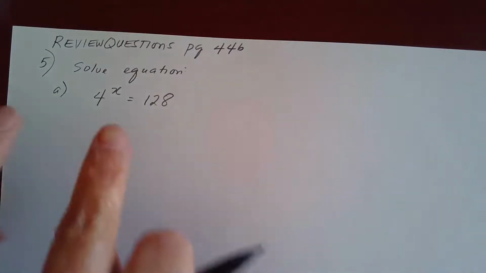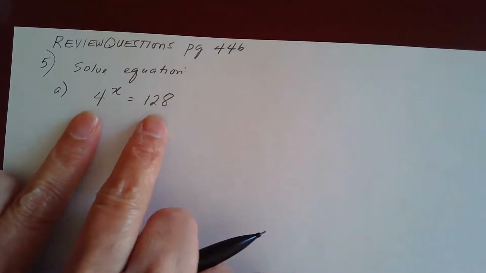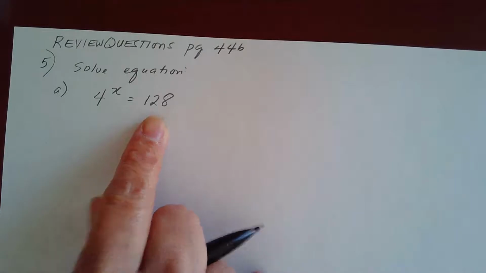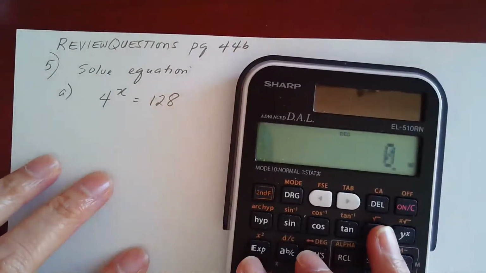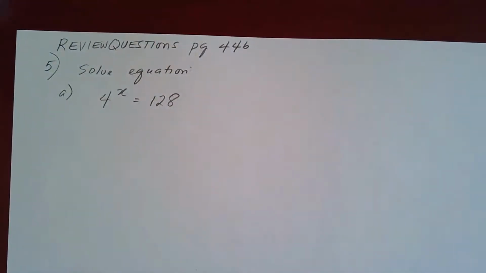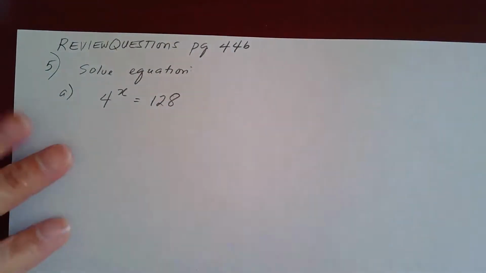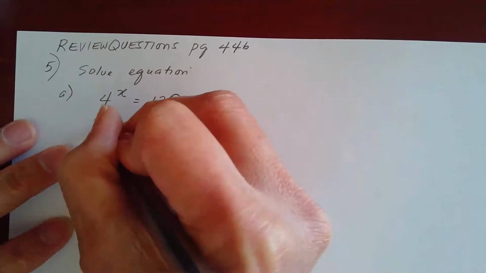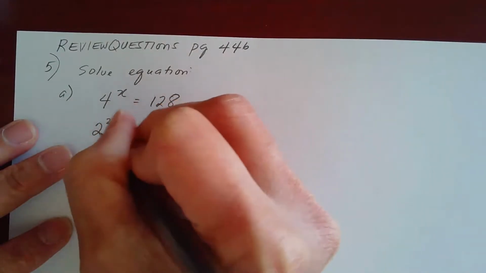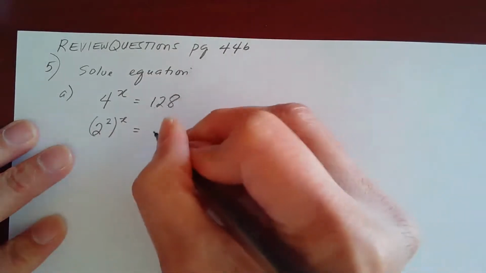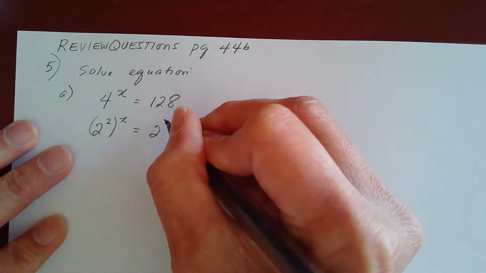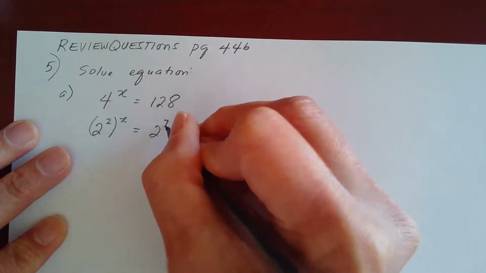But in this particular case, 4 and 128 can actually have the same base of 2. So 4, we can write it as 2 squared to the x. And then 128, that's going to be 2 to the 7th.